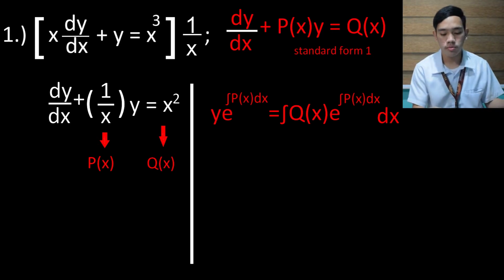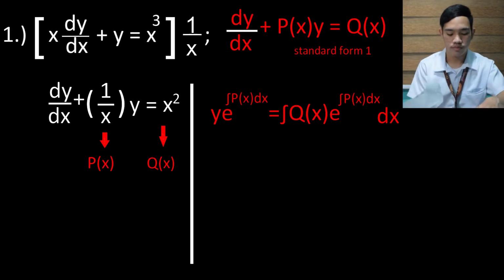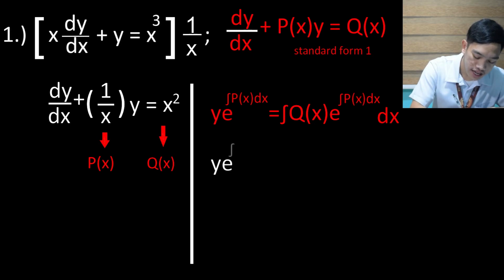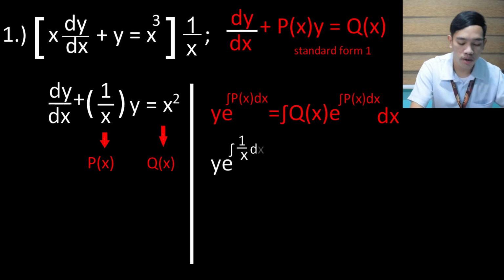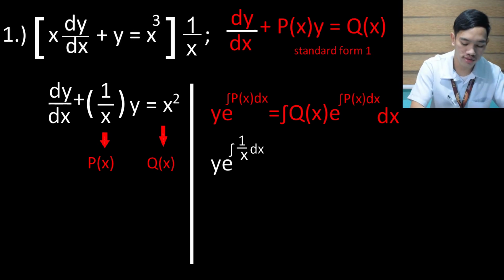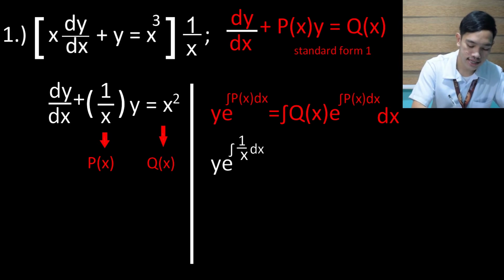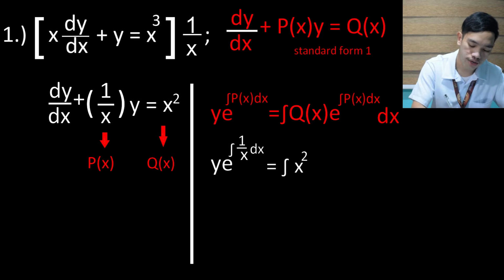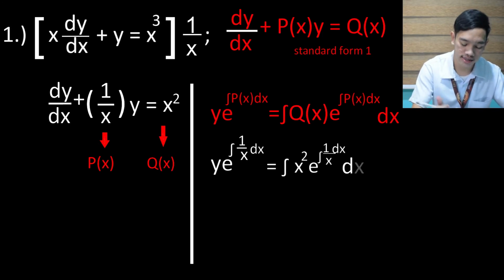Ngayon, to solve this DE, just simply copy now the y times e raised to integral of px, which is 1 over x. So y times e raised to integral of 1 over x dx equals integral of q of x, our q of x is x squared, times e raised to integral of 1 over x dx, and then dx.